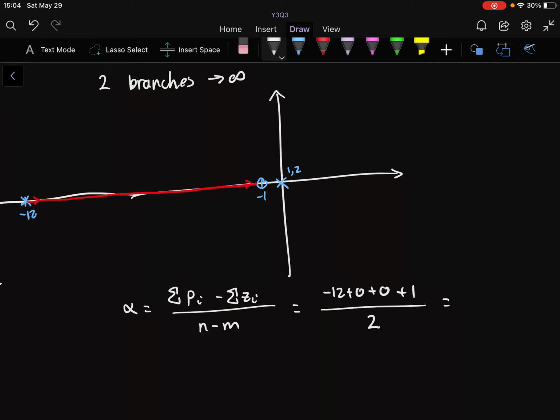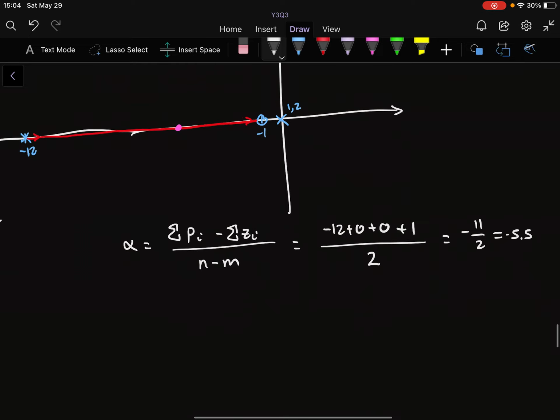So that's going to give us -11/2, so -5.5. And that will happen slightly less than halfway, around there.